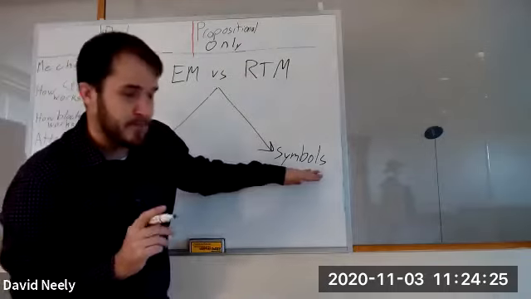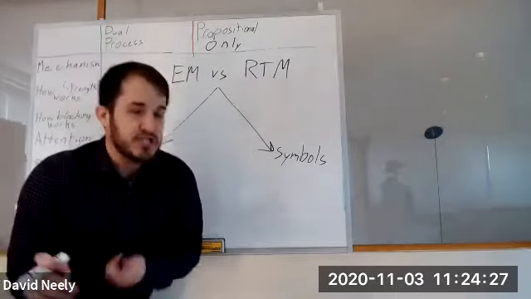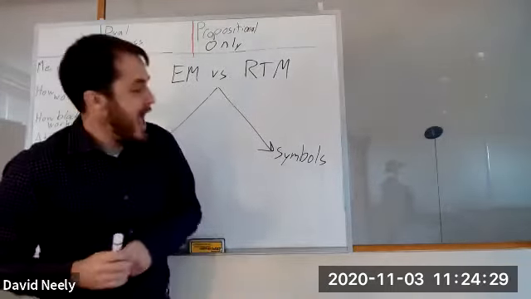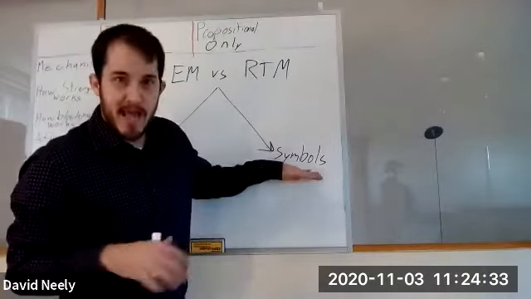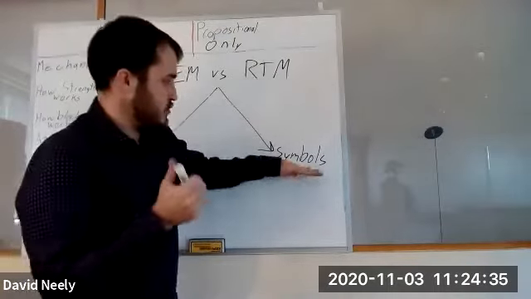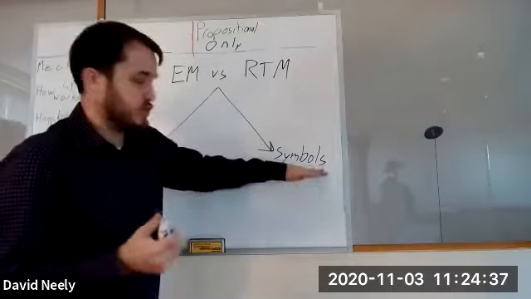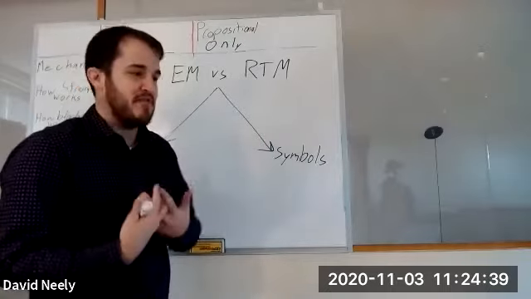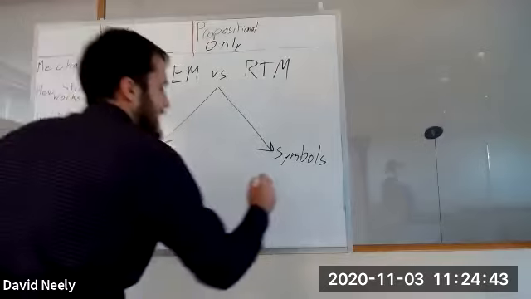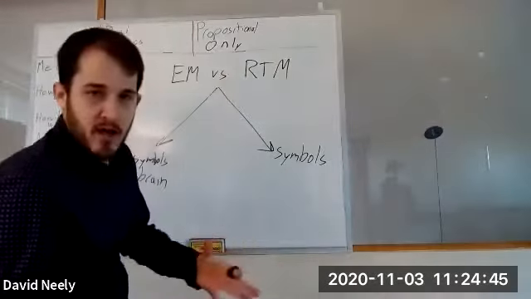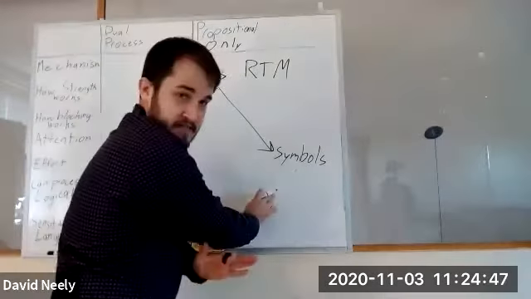However, if you accept there are symbols in the mind, there are still questions you can ask. One of the questions you can ask is, when you're learning, and all learning is learning that certain symbols go together or that they operate together, it's going to involve symbols.